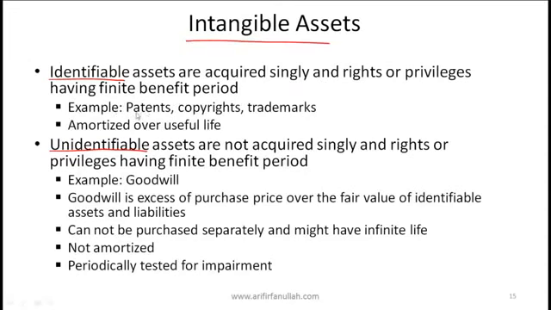When you acquire a new patent or a copyright or a trademark, you might pay, say, 5 million for a new patent, and this might be valid for 5 years. So you clearly identify that you are buying XYZ patent, you know how much you are paying for it, and that patent has a certain useful life. So this would be an example of an identifiable intangible asset.